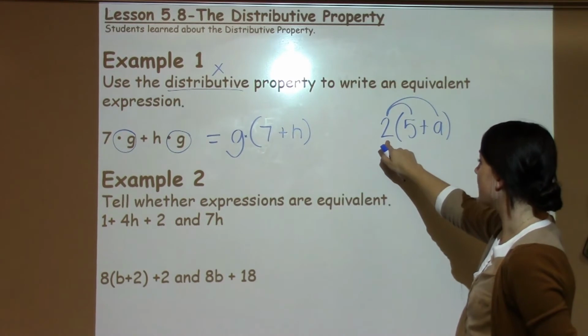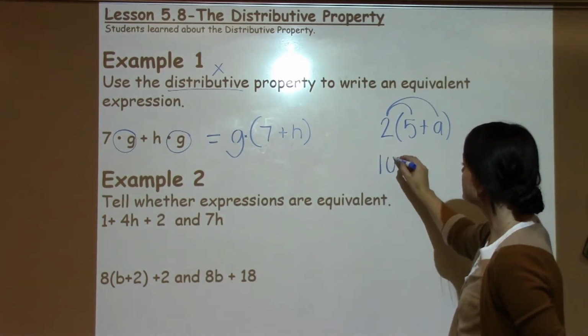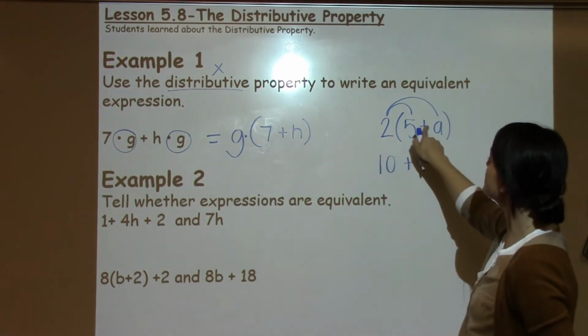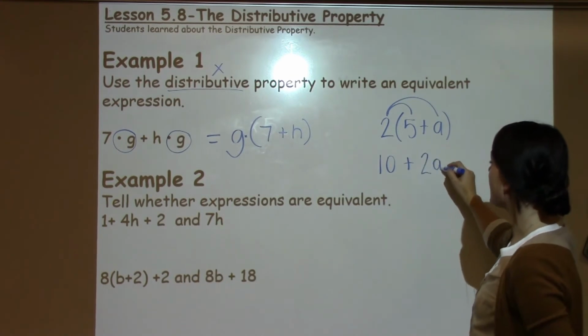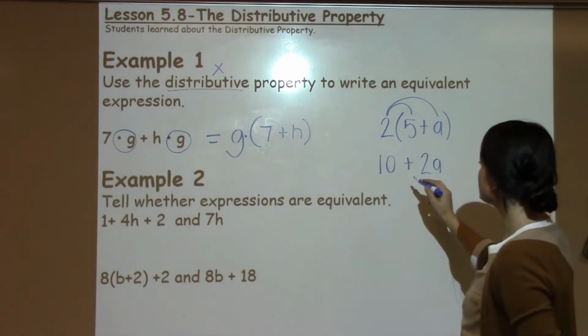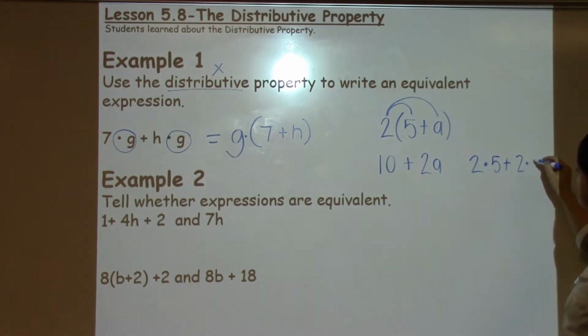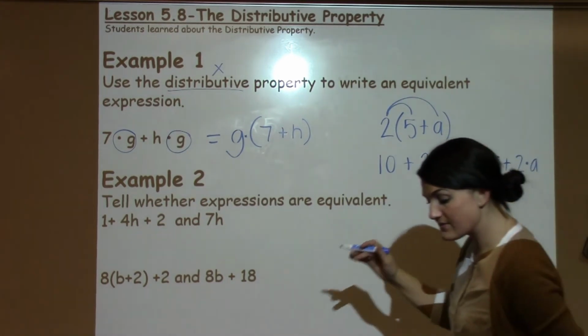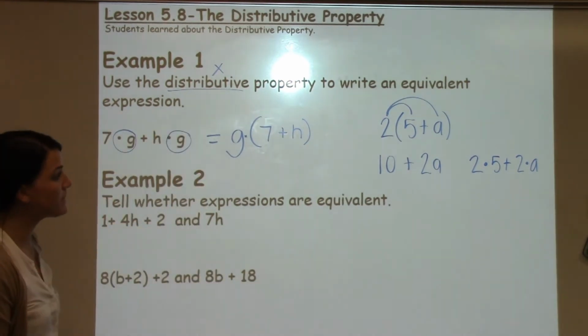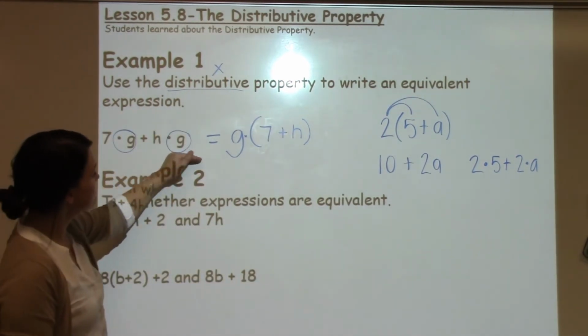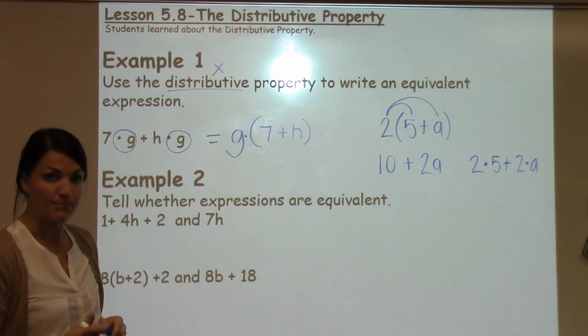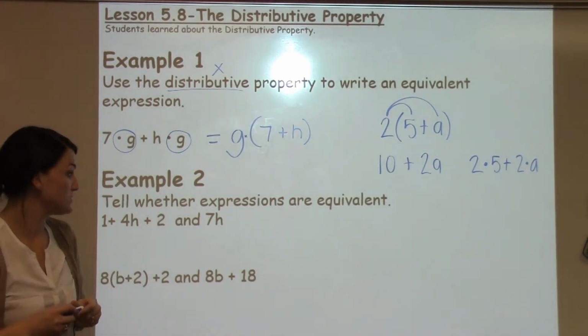So this would look like 2 times 5, or 10, plus 2 times a, or 2a. Right? And another way students could write that is 2 times 5 plus 2 times a. So lots of different ways that they might see the distributive property, but remember, just look at what is being multiplied in each example to help them figure out what to distribute.